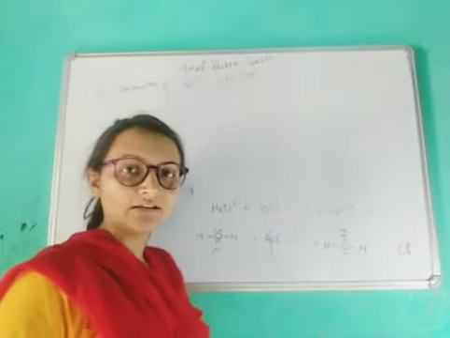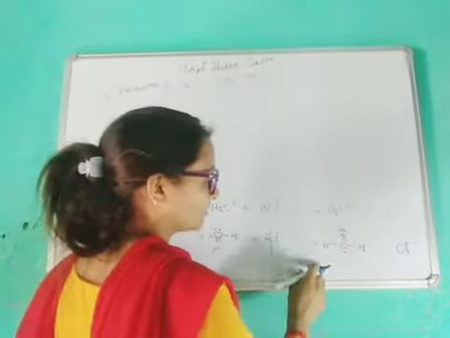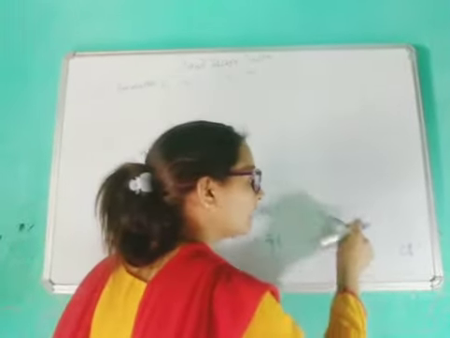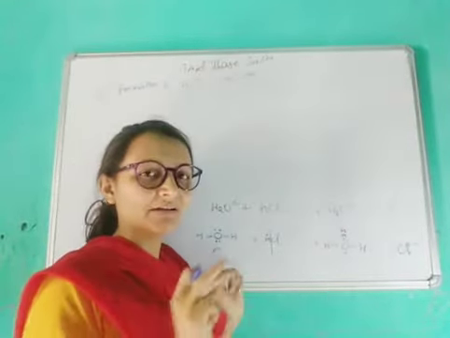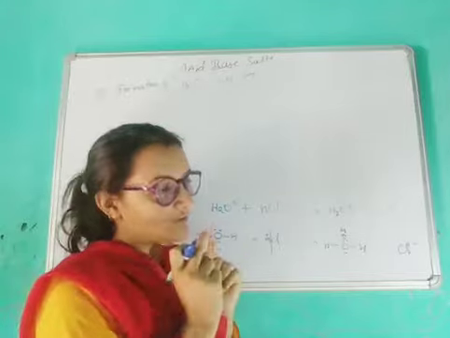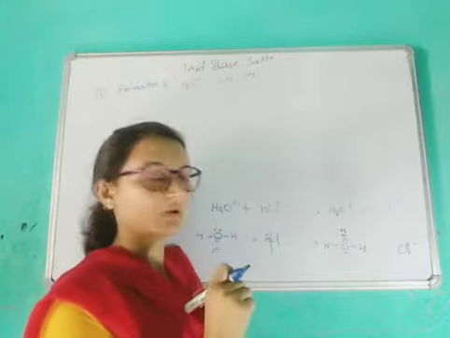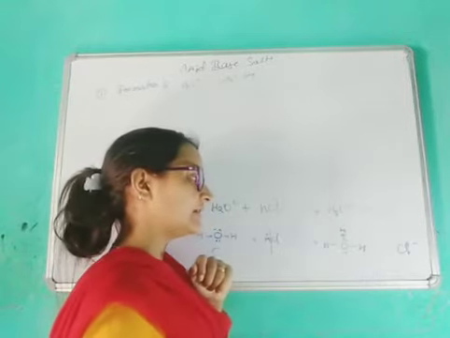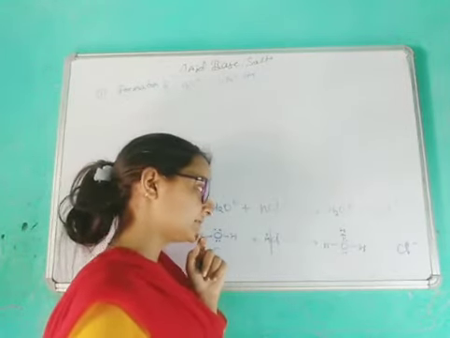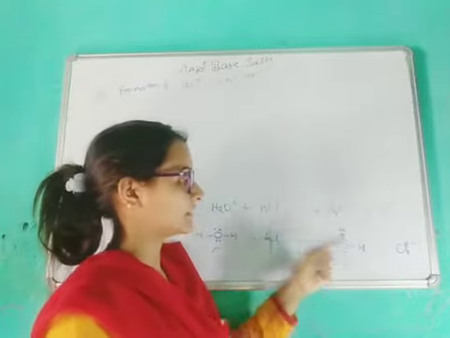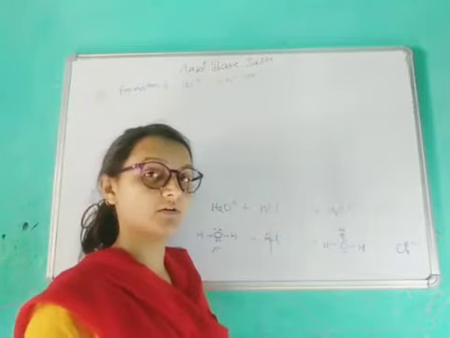This bond is called the coordinate or dative bond. In a coordinate bond, between 2 atoms, the electrons which are shared between them come from only 1 atom. These electrons are shared between hydrogen and oxygen, but there is no electron from the hydrogen. Both electrons are from the oxygen. This is called a coordinate bond.